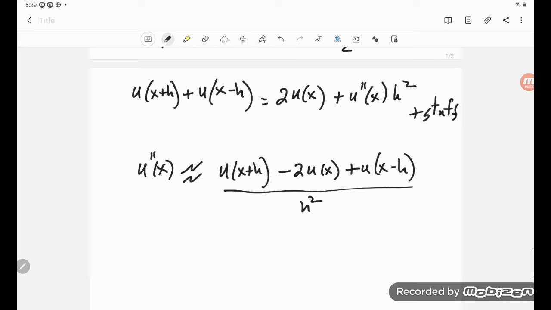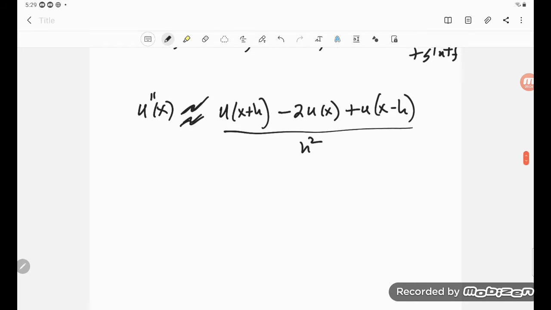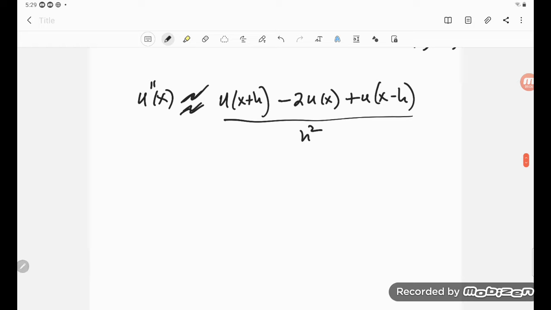And see, I got rid of the stuff, and that's why I'm using approximately equal to. And the smaller you make h, the better this approximation is. Okay, so there's the Taylor series part of it.